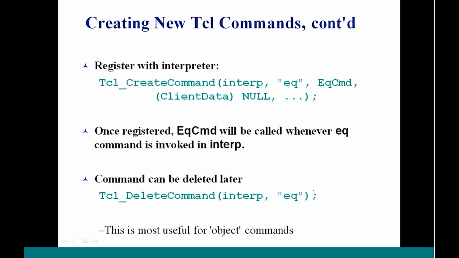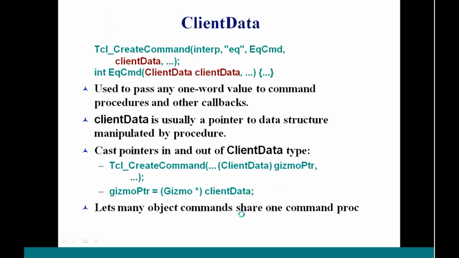So as I mentioned, we can register with the interpreter, and then we can use the command without pointing to any other place. For the client data, we created this, and then we can actually cast pointers in and out of the client data type by using these kinds of commands.